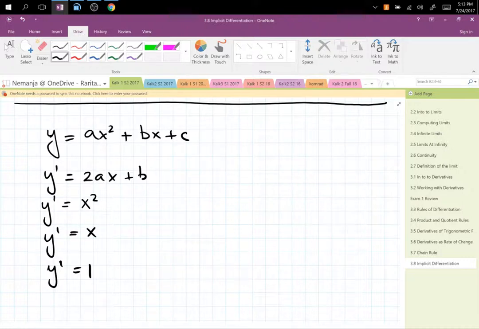Stare at this for a second. Try to see if you would pick anything up from everything I wrote there. I said these are all first derivatives, so all of these should be the derivatives of the original problem.